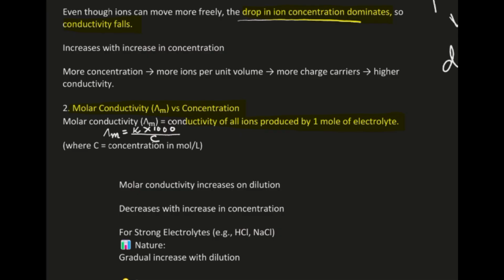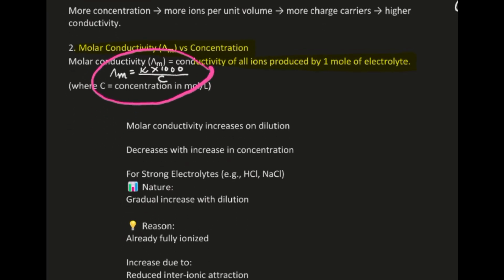So, here lambda m is equal to kappa into 1000 by C, where C is the concentration in mole per liter. So, C is the molar concentration. Kappa is the conductivity. Lambda m is the molar conductivity.